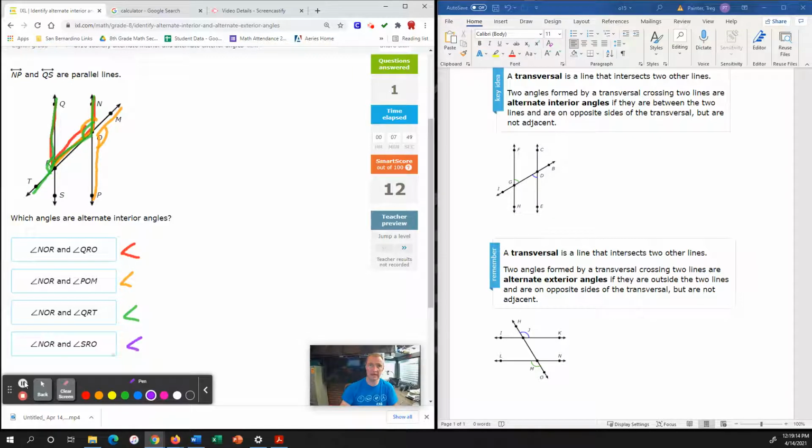Now our last one has to be the correct answer because we're running out of options here. So we have NOR compared to SRO. That works perfect. Again, that angle there is congruent to that angle there, and they're also both on the interior. So that works out nice.